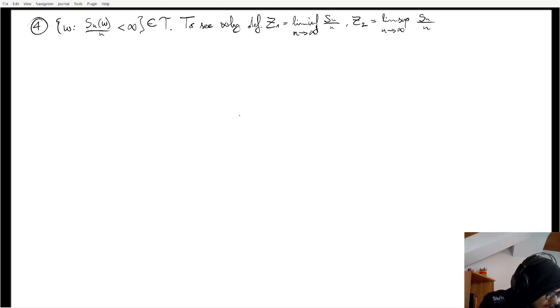So that this set becomes the set of outcomes such that the limit, well, basically such that Z1 is equal to Z2.